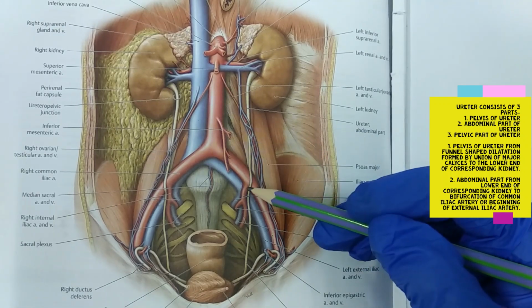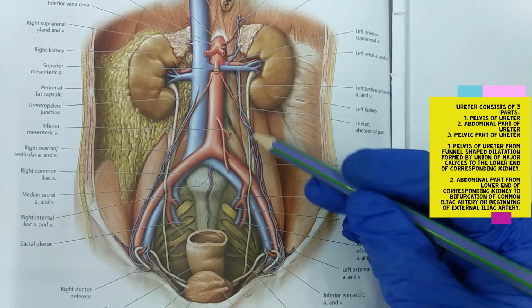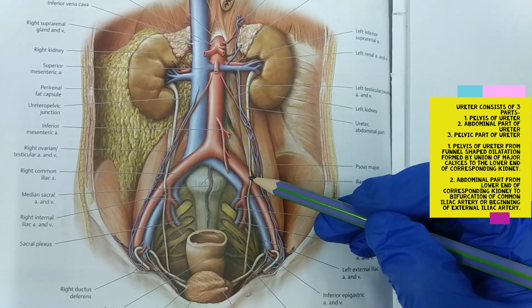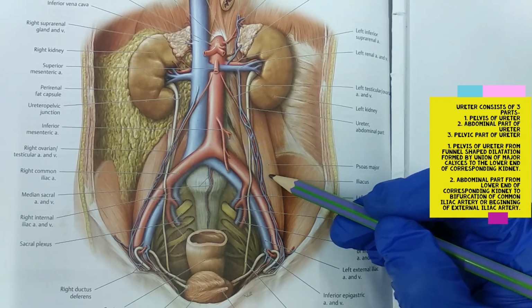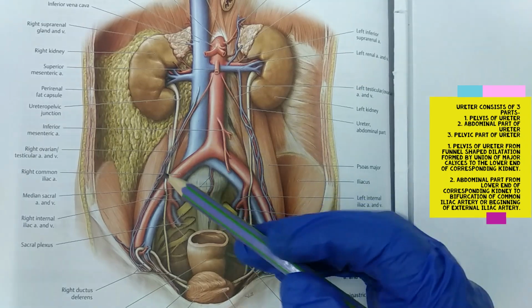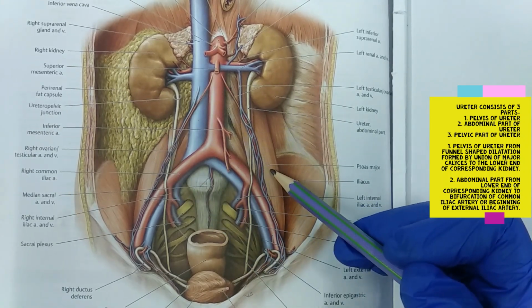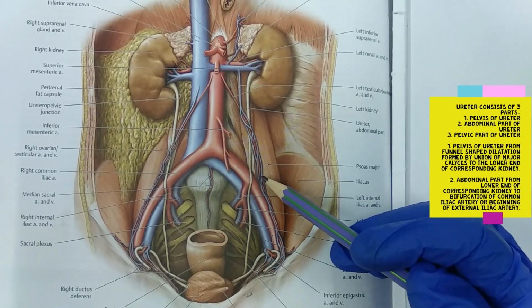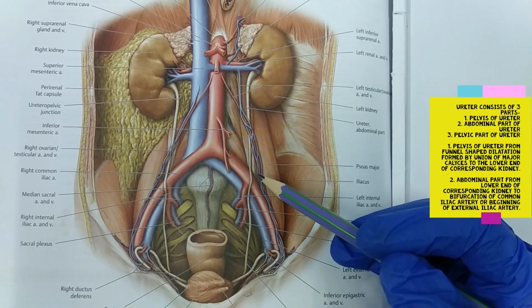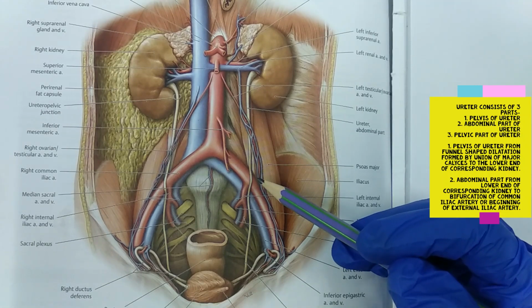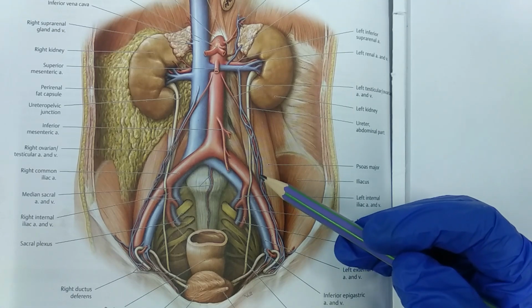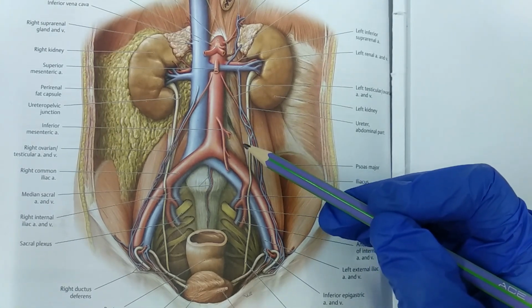Now coming to the relations of the abdominal part of the ureter. Posteriorly it is related to the psoas major muscle, as you can see here on both sides, along with its fascia, and the branches of the lumbar plexus, that is the genitofemoral nerve, and the third one is the tips of the transverse processes of all the lumbar vertebrae.